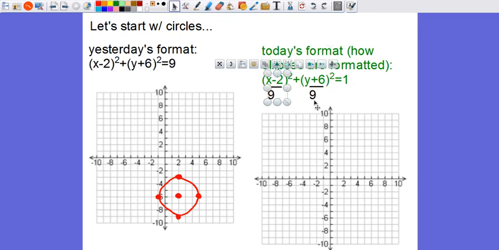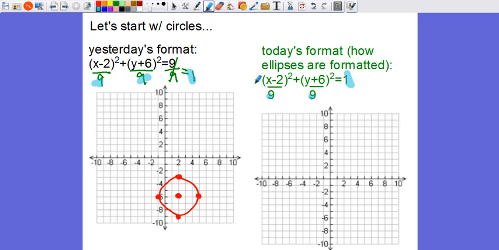If you divide everything by 9, these both cancel and you get 1, which lines up with this 1 right here. Then you get a 9 on the bottom here and a 9 on the bottom there, and that lines up here. So what you see on the right is just a rearrangement of what you see on the left.